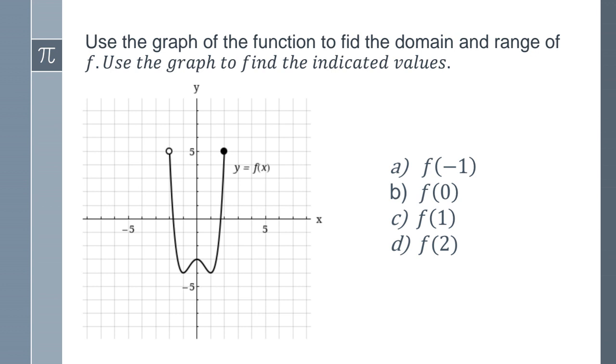When we have an open circle, that means that value does not exist. But all of the values below it do exist. Then we have a filled circle at the right side of the graph. This value does exist. So open circles mean that that value doesn't exist. A filled circle means that it does exist.